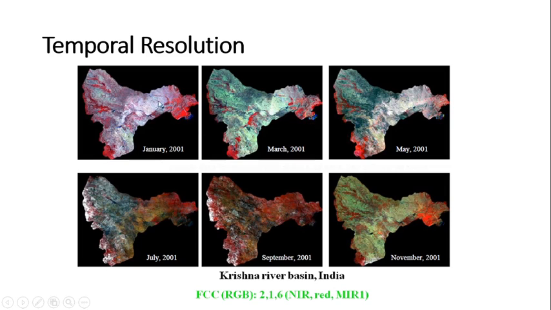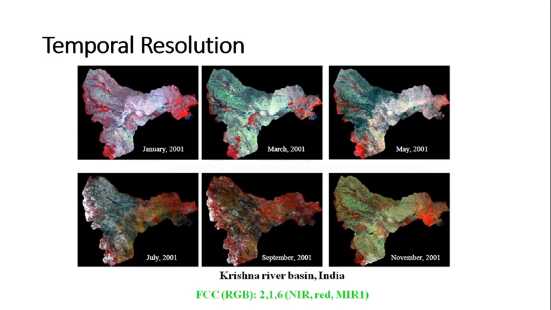As you can see here, this is the river, and you can clearly see how these red marks are changing continuously along the river. I'm not talking about how you are going to classify; this is just an explanation of how, in the same year, there are changes in these images at different months. This product has been captured using the MODIS satellite.